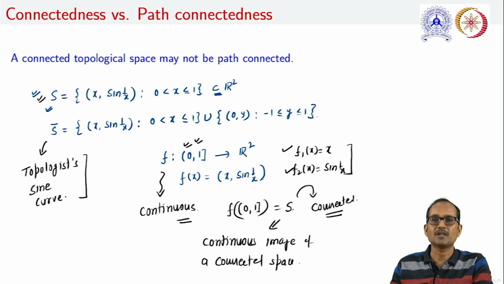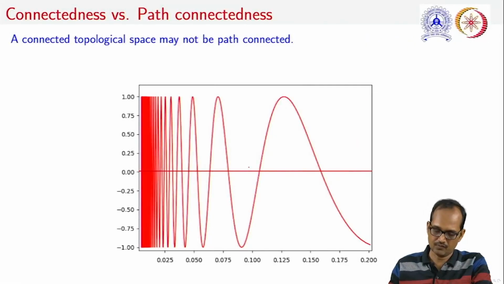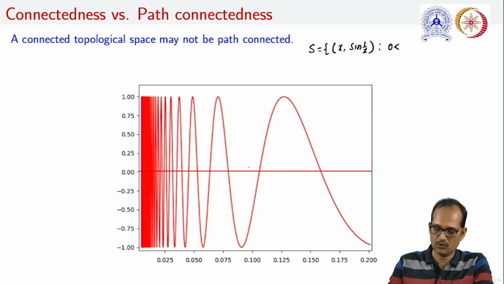From this S, we are going to construct a set that is not precisely the closure of S. We are going to construct a different set, and we will show that it is connected too, but not path connected. What we have shown is that the set S, the collection of all ordered pairs (x, sin(1/x)) where 0 < x ≤ 1, is connected.